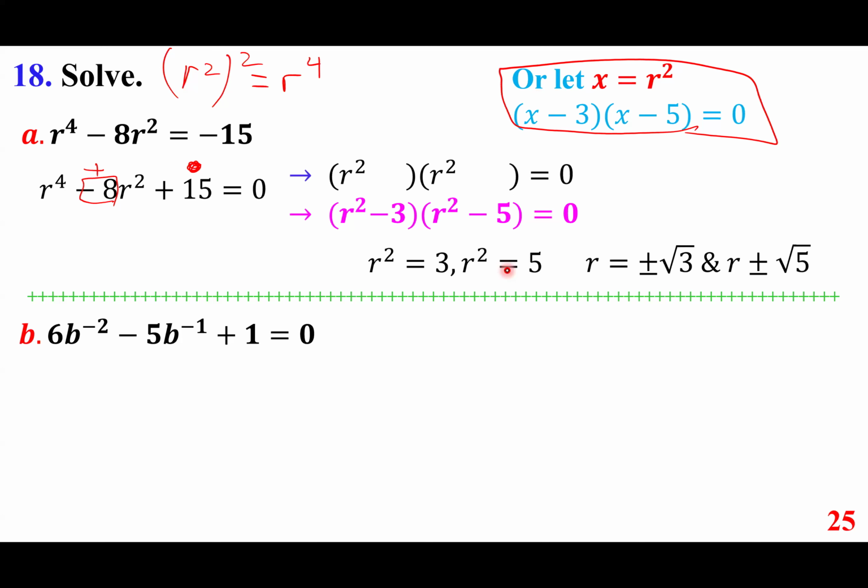What about this one? There are two ways to do it, and we're going to do both ways. If you let b to the power of negative 1 be something other than b, like x, y, z, then you should recognize b to the power of negative 2 is x squared.